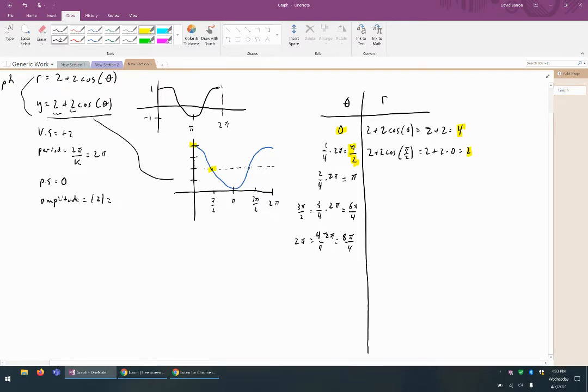That's why I said these are actually equivalent ways. This graph is useful information to enable us to draw this in polar form. 2 plus 2 cosine pi, 2 plus 2 times negative 1.